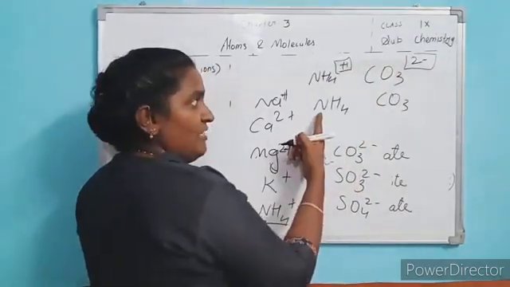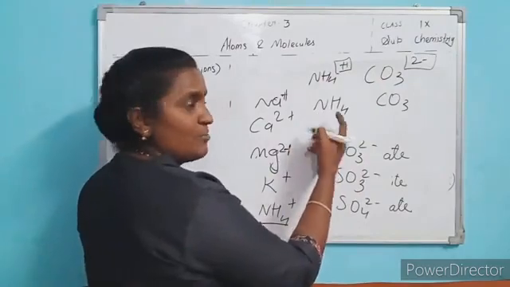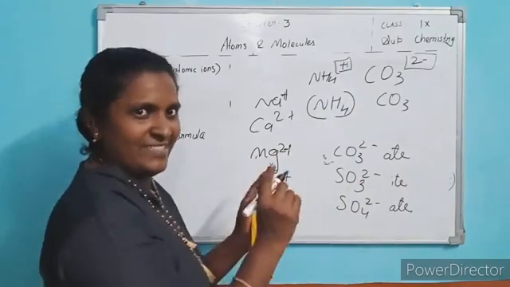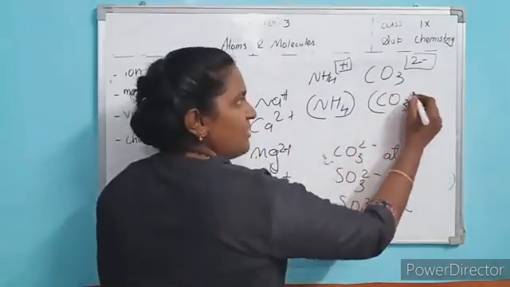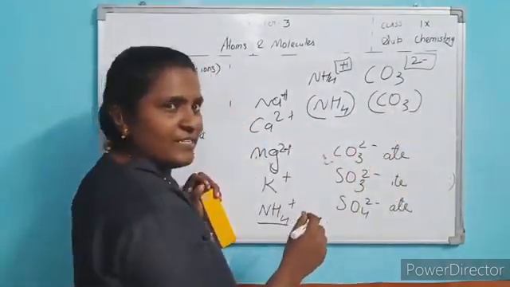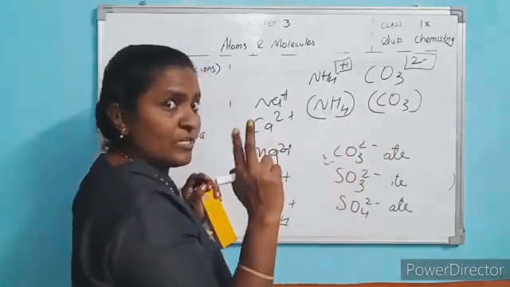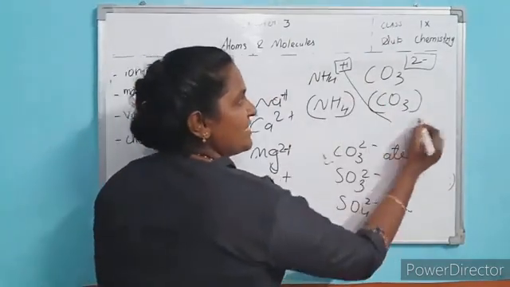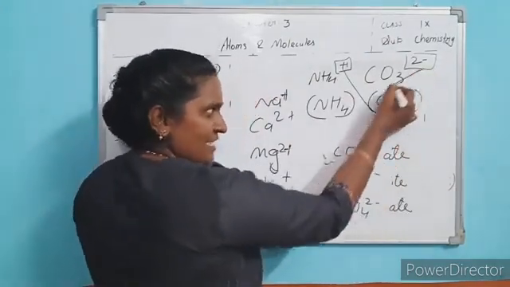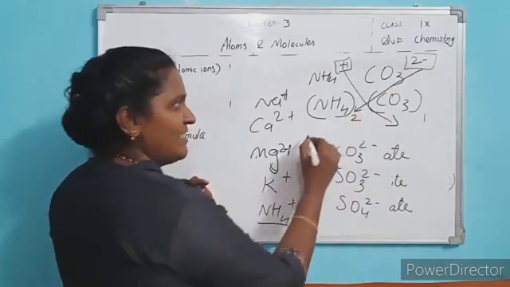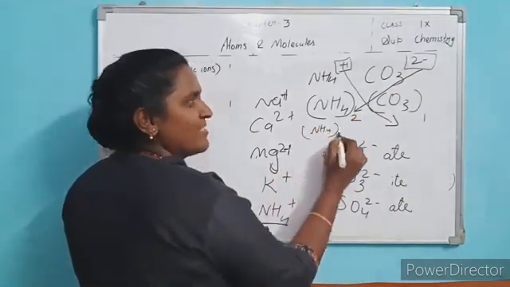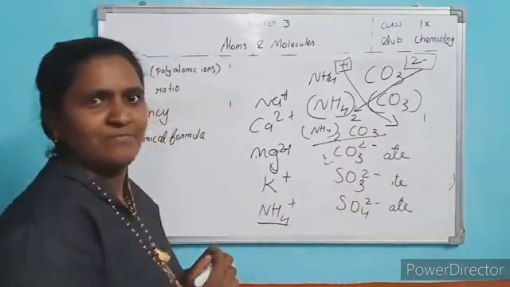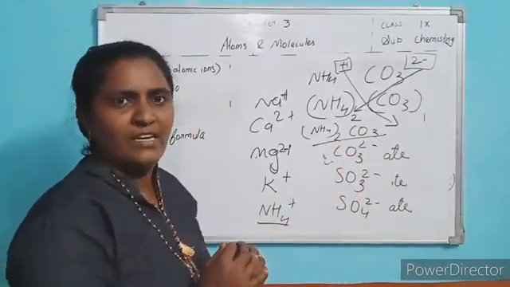I told you both are capital letters, so more than one element means you have to enclose in brackets. These also are capital letters, so 2 types of elements, so put the radical in a bracket. Now this one you write here, these 2 crisscross. So what do you get? NH4 twice CO3. I told you 1 has no meaning at all. You know it, right?